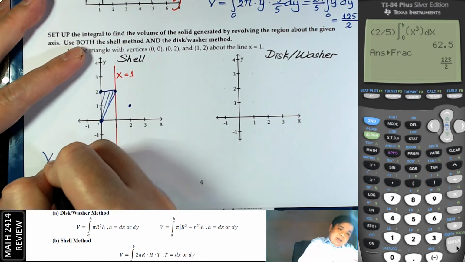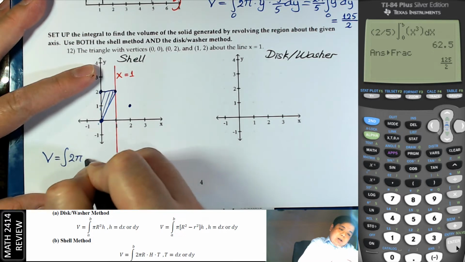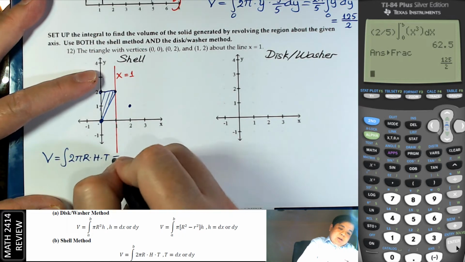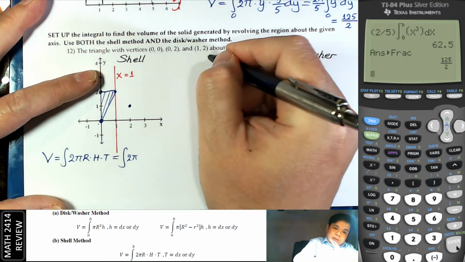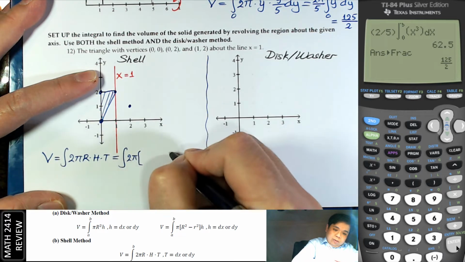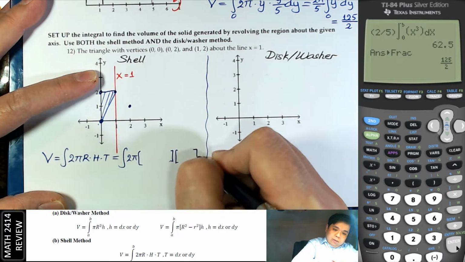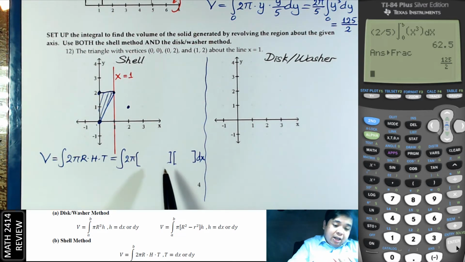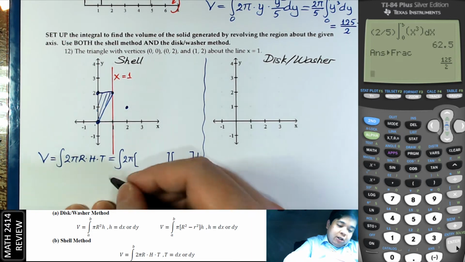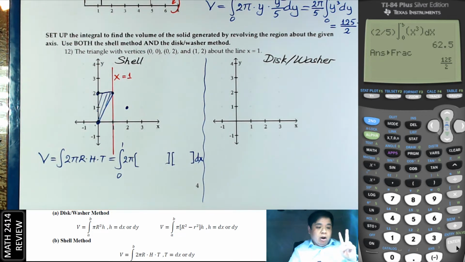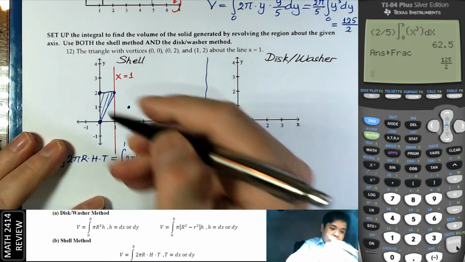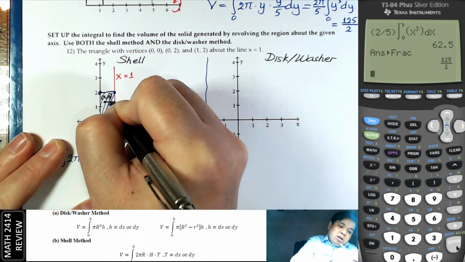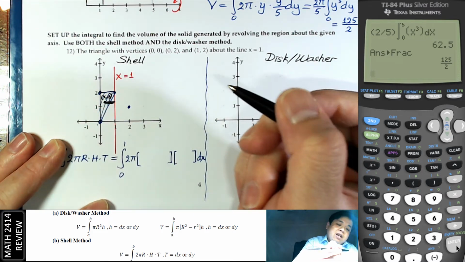So I'll just say V equal to 2 pi r h t. This particular one is going to be dx, and the x of the region goes from 0 to 1. Now we determine r, then we determine h. So pick a random point. Let's label that x and y. And the distance to the axis of rotation.